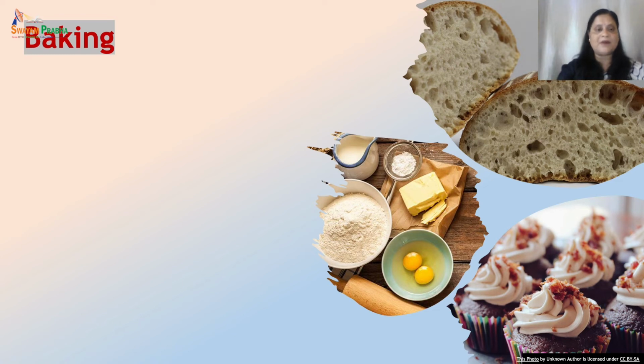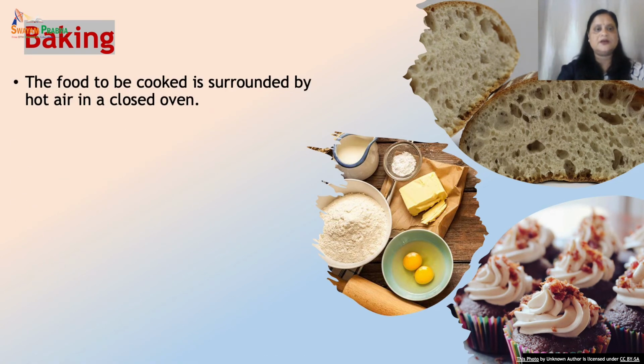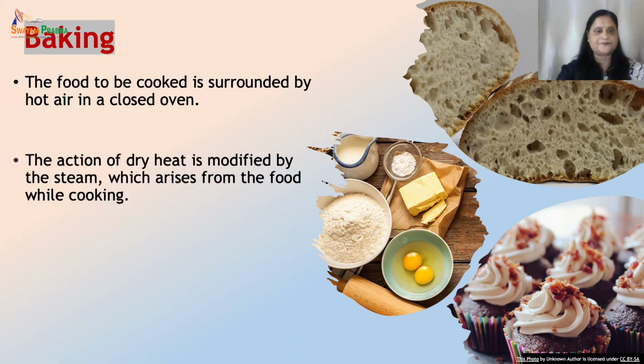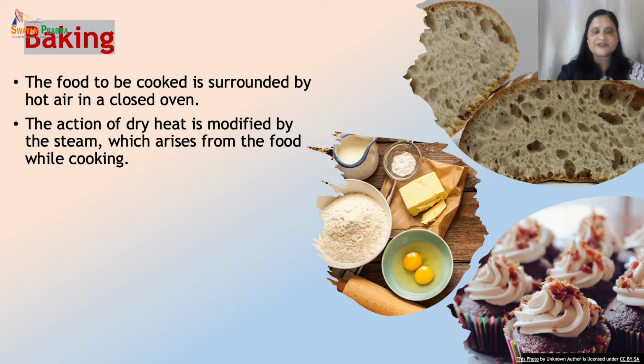Let us learn about baking. The food to be cooked is surrounded by hot air in a closed oven. The action of dry heat is modified by the steam which arises from the food while cooking.